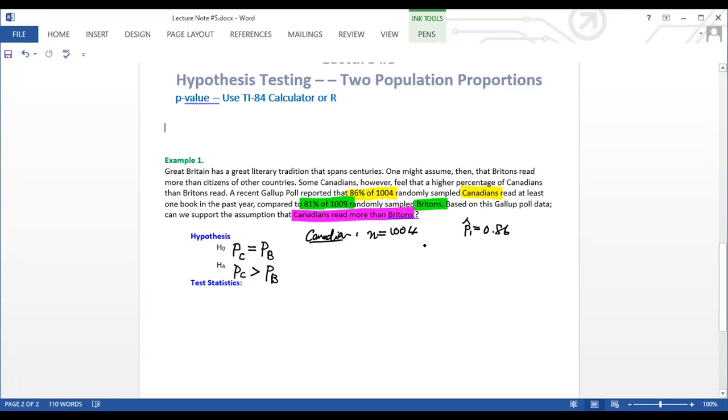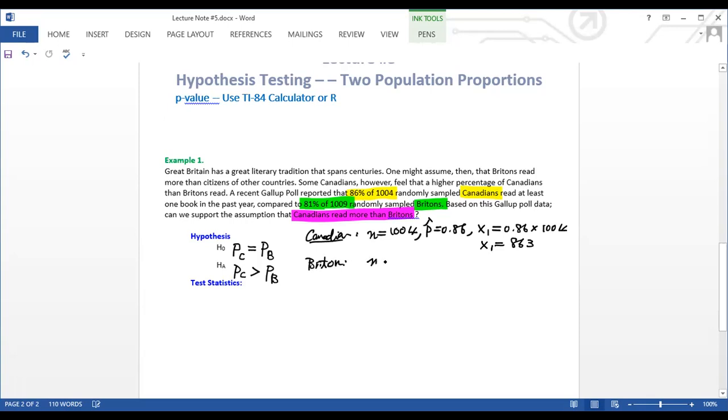Then I need to go backward to find X1. X1 is basically 0.86 times 1004, and you round it, so you get about 863 people. So this is X1.